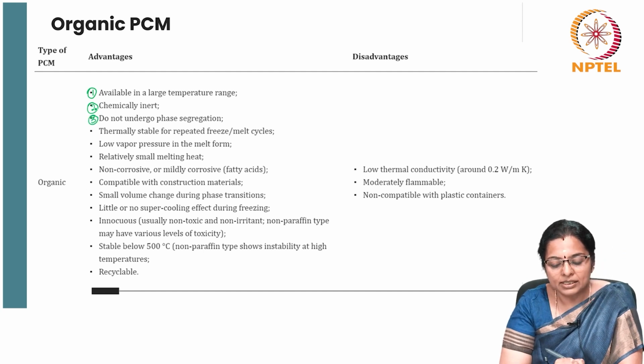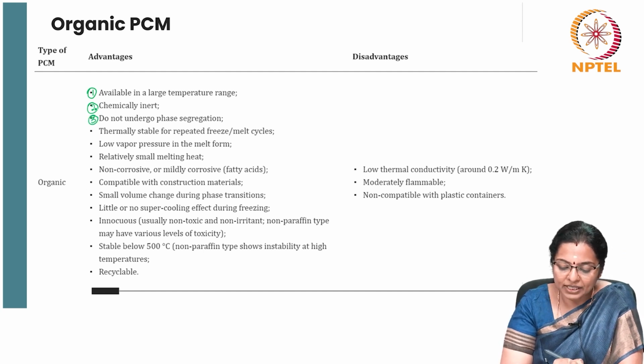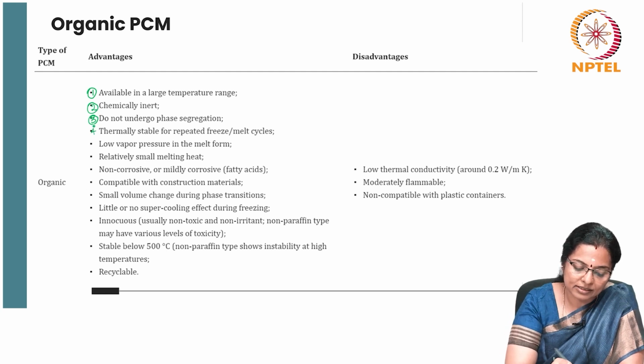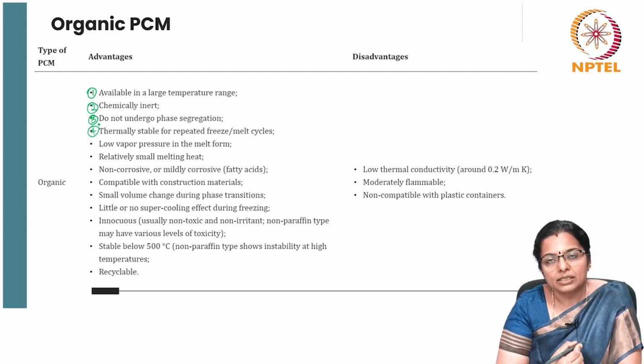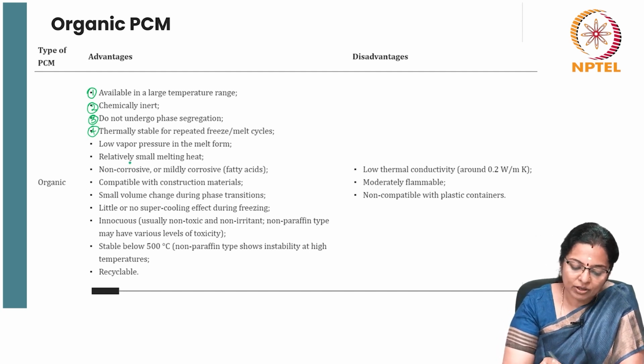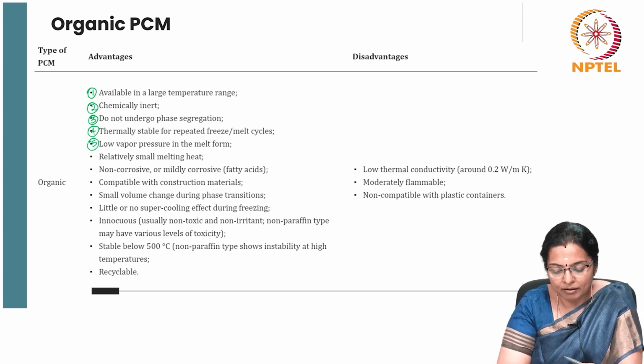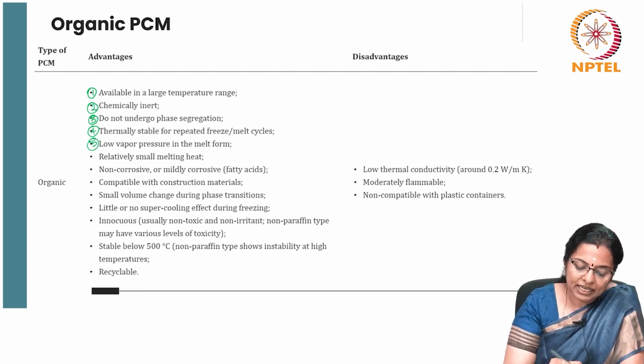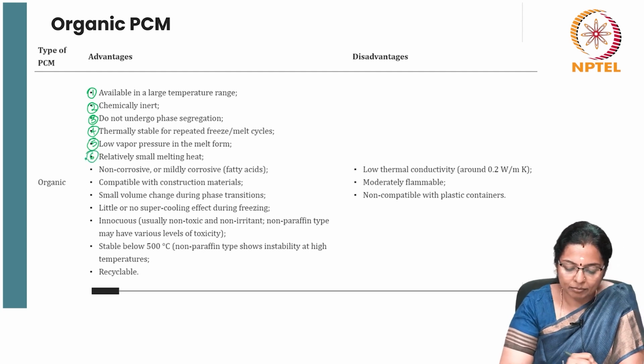They are thermally stable for repeated freeze and melt cycles, which means these can undergo phase change several times, say from solid to liquid and liquid to solid back, and yet they are thermally stable. They have low vapor pressure in the melt form. When they are melted, when they store heat, they have low vapor pressure. They have relatively small melting heat.